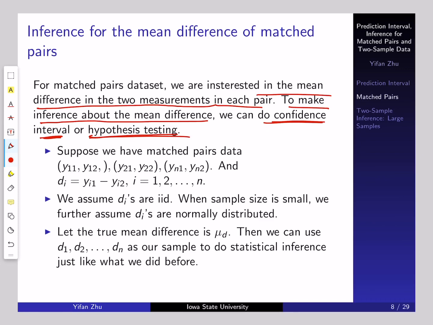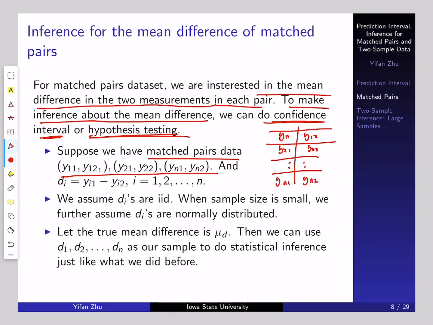Because the data come in pairs, let's assume that we have matched pairs data like this. If it's in a table, then it should look like this. In each row, we have y11, y12, y21, y22, yn1, yn2.